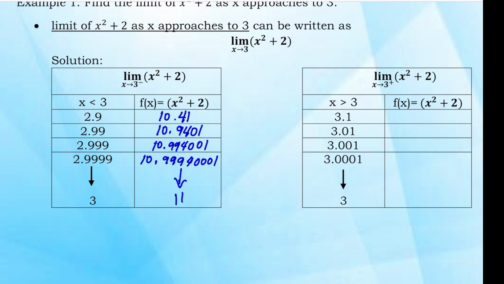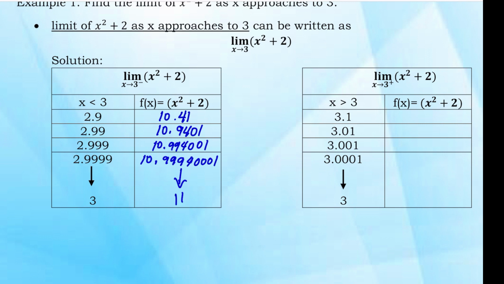Next, how about on the right side of 3? So we use 3 positive. For the limit of the function where x approaches 3 positive, we're going to use the numbers on the right side of 3.